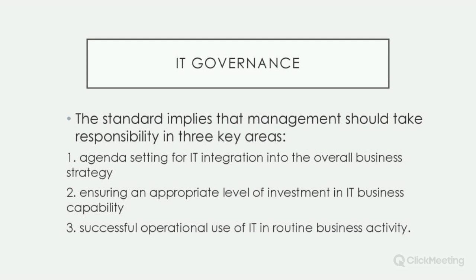Say, for example, you have spywares installed, your information is not hacked. And successful operational use of IT in routine business activities. So these are the three areas that the organization's management should be responsible for and should be taking care of.